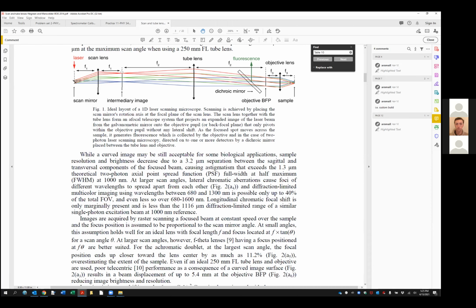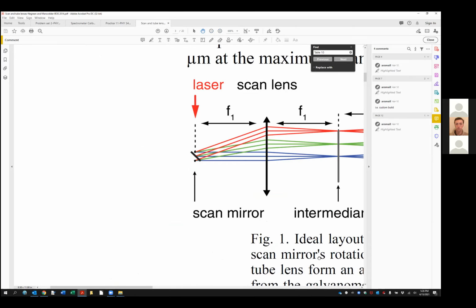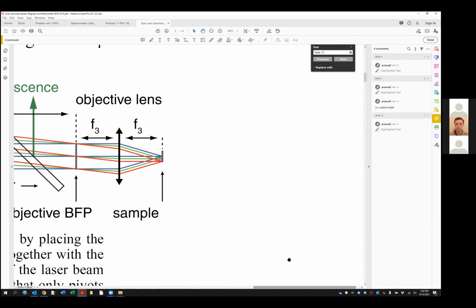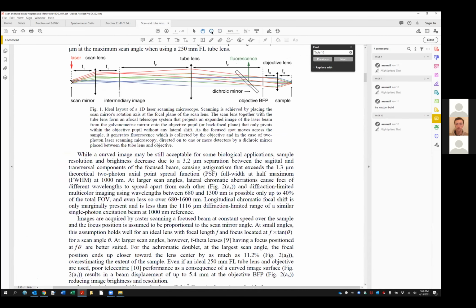So if we focus it really far off axis here, it will get focused really close to the axis on the other side. They're really close to each other over here and really far from each other over here. Any questions on that idea so far?